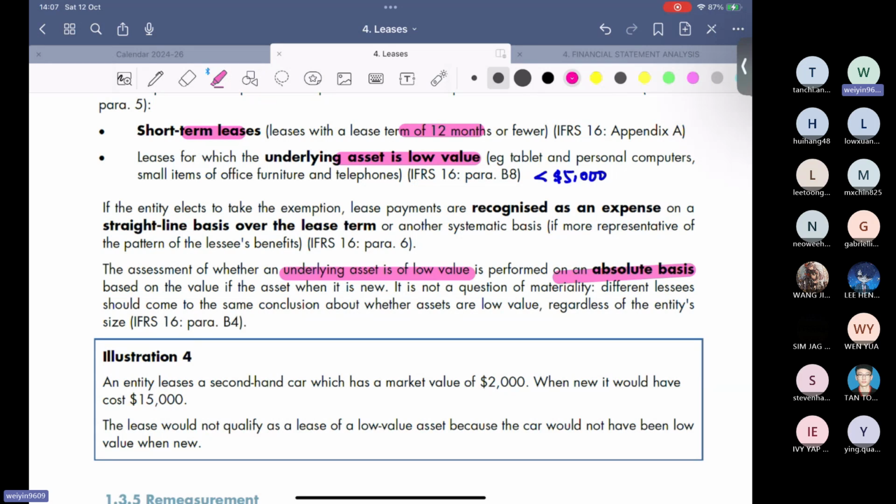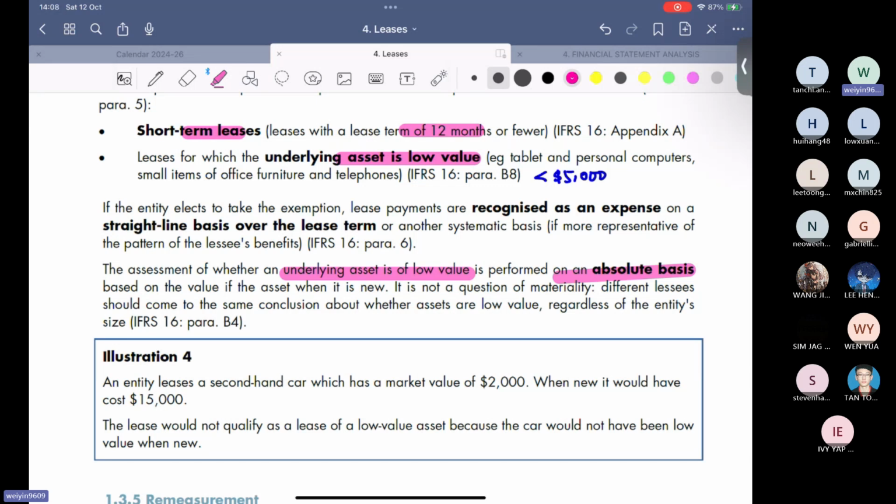But you need to look at the value of the asset on its own. For example, based on illustration 4, the entity leases a second-hand car with a market value of 2,000. But everyone knows that the value of the car as an absolute one, if you really buy a car, it cannot be 2,000.